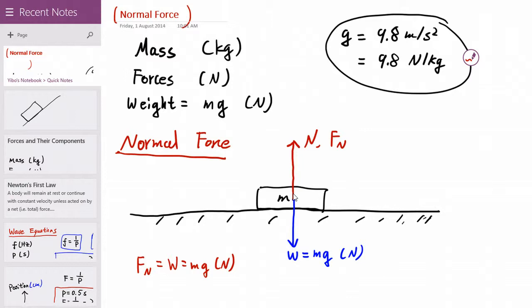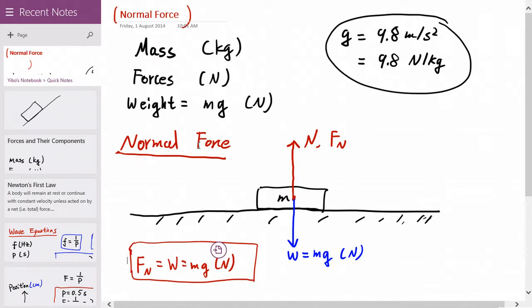But this is only in this scenario. Sometimes it will be different, it's not a definition. The definition for normal force is actually this.